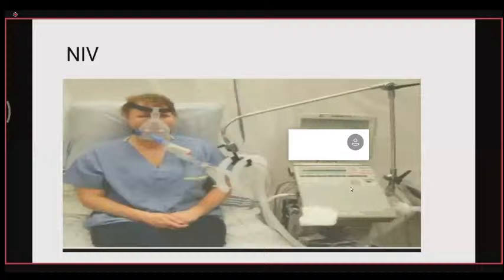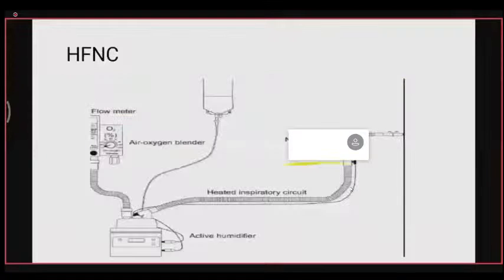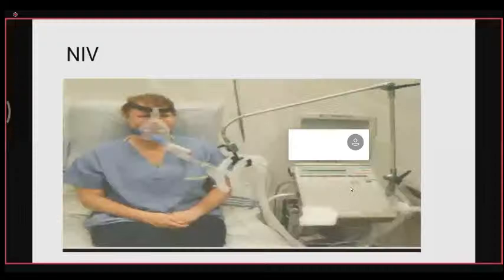So when we compare HFNC and NIV, the data says that for acute hypoxemic respiratory failure like COVID-19 pneumonia, HFNC definitely scores over NIV.